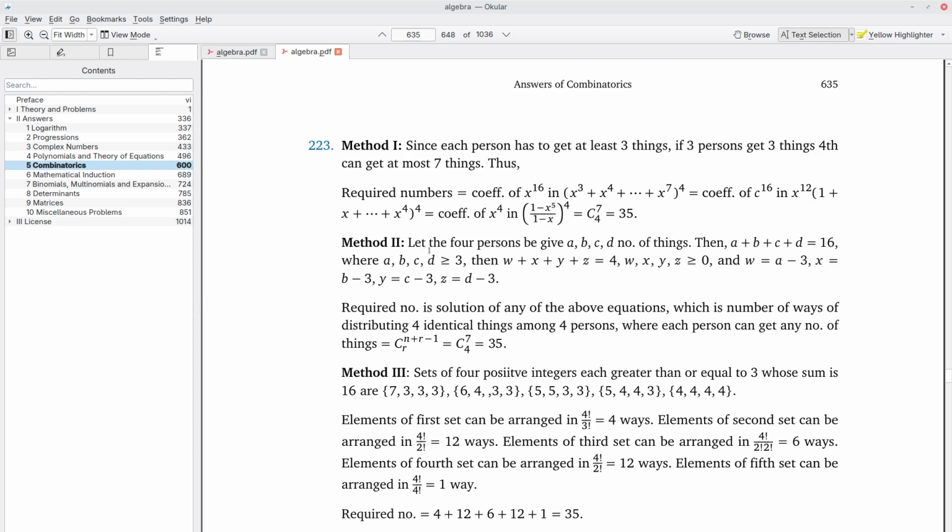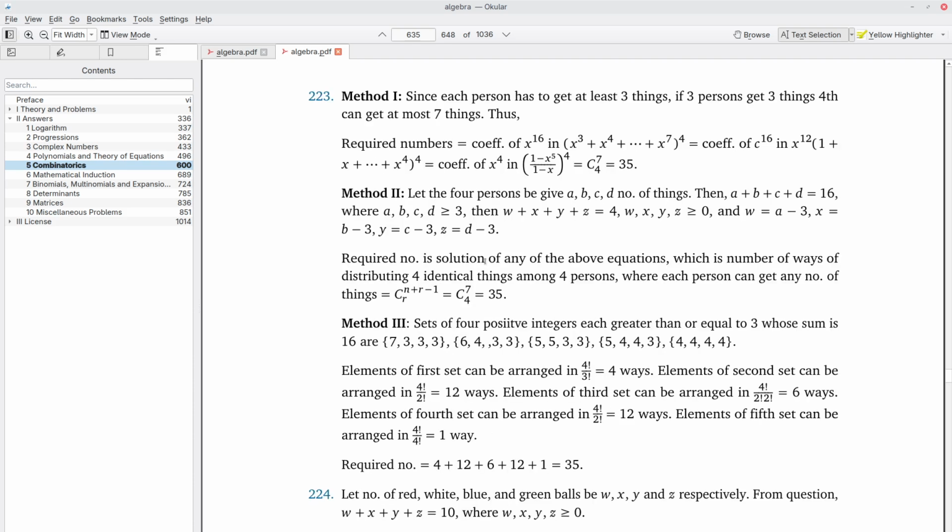Now, the second method is, let the 4 persons be given A, B, C, D number of things, then A plus B plus C plus D is 16, where A, B, C, D are all greater than or equal to 3. Then W plus X plus Y plus Z is equal to 4, where W, X, Y, Z are greater than or equal to 0, and W is equal to A minus 3, X is equal to B minus 3, Y is equal to C minus 3, and Z is equal to D minus 3.